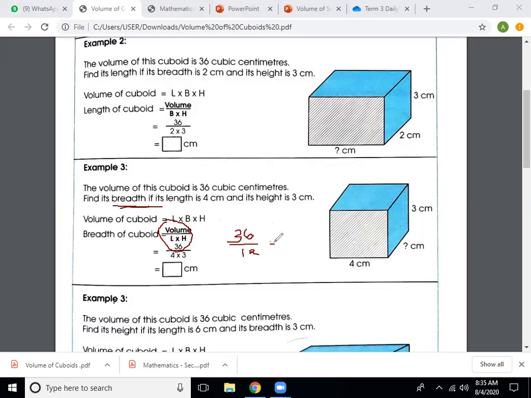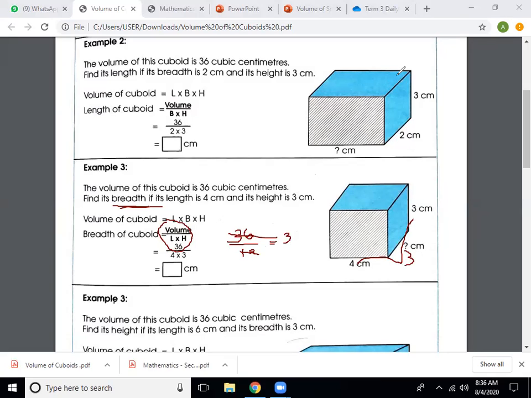And 12 into 36 is 3. Answer will be 3. So why? Because 4 by 3 is 12, by 3 still gave me back 36.